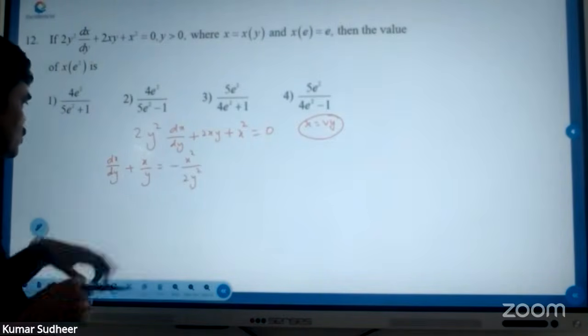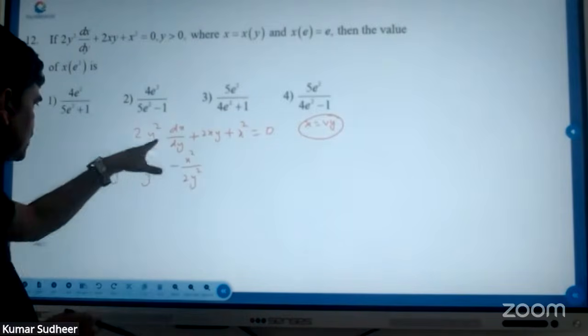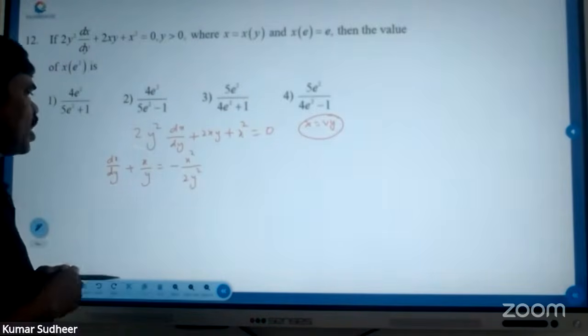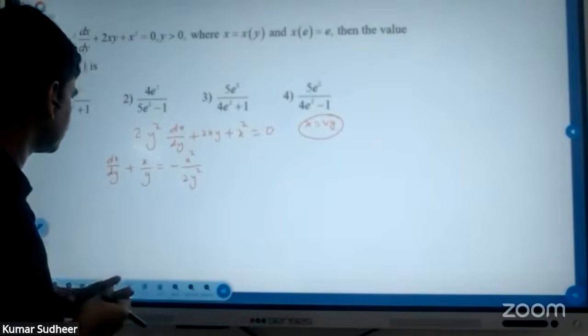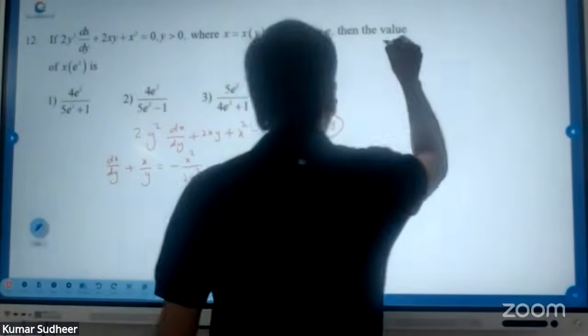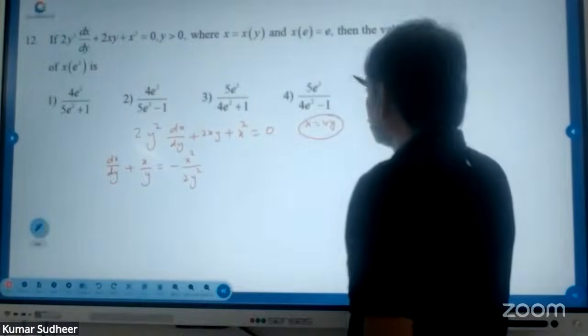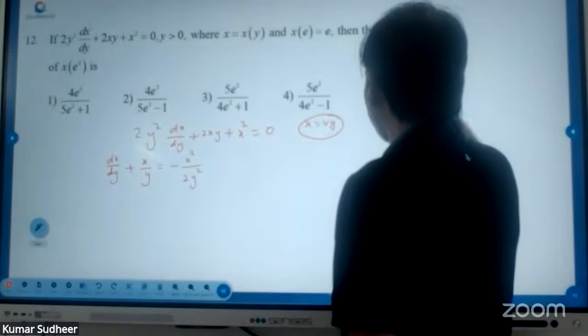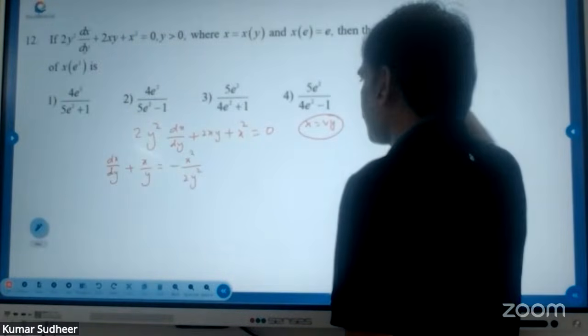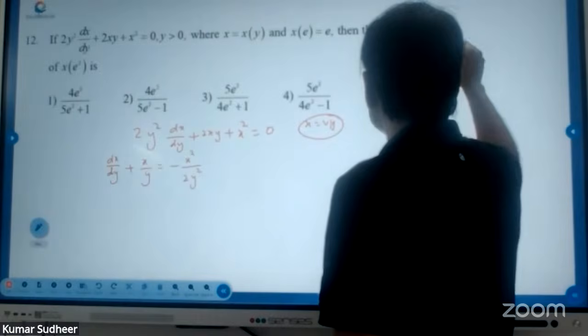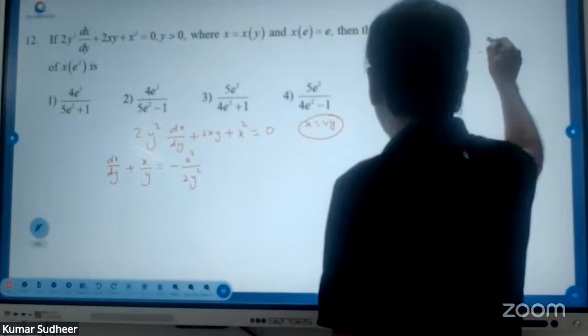Another way what we can do, suppose if I take in these two some term common. Suppose I am taking, let us try this, 2y common. When I take 2y common, this becomes y dx by dy plus x, that is equal to minus x squared.